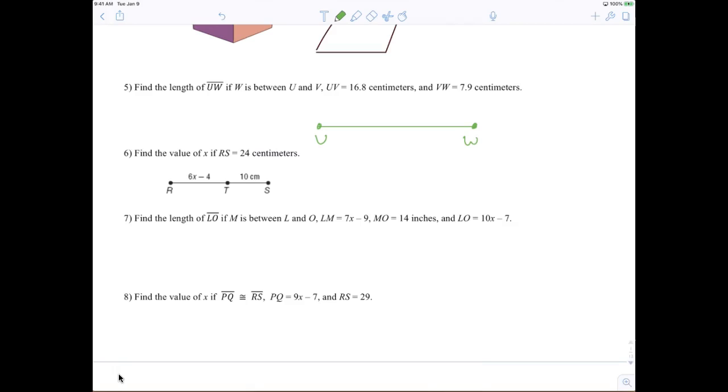This is V right here. Now, one of the things that we learn in geometry, there are just things you have to know based off observation. There's no way to prove them.